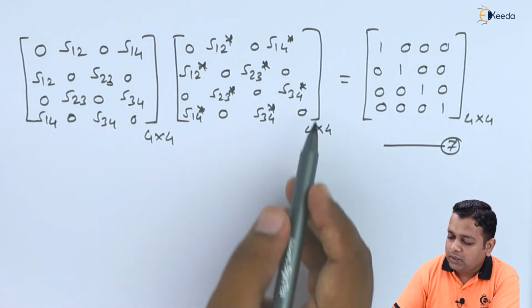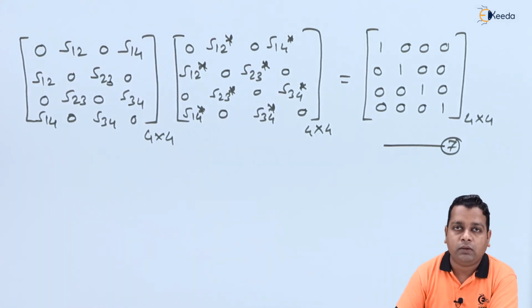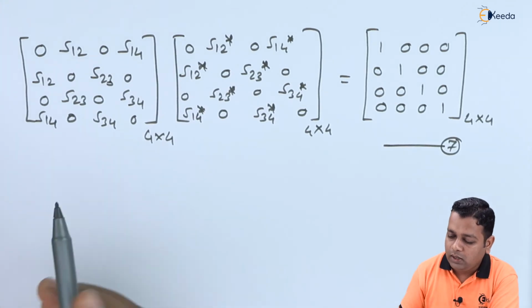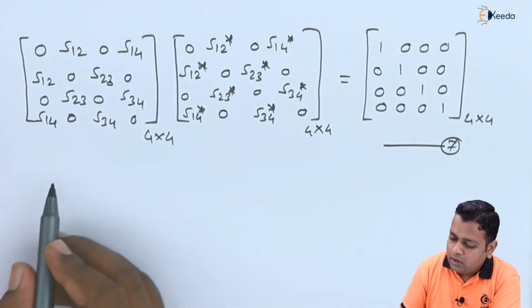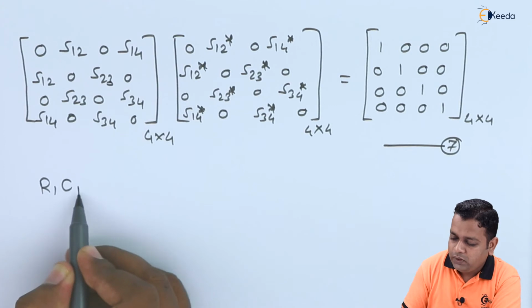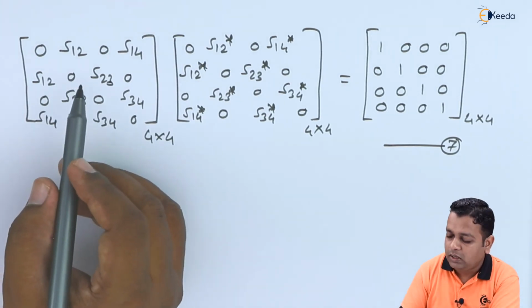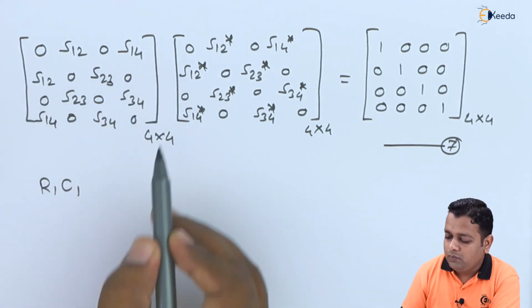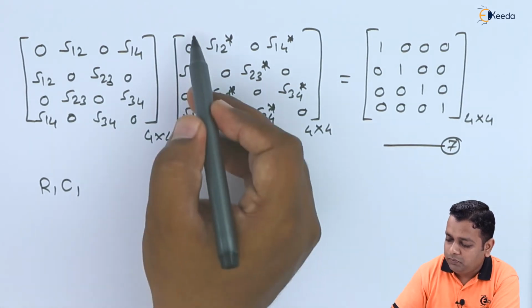Now for the matrix operation on the left hand side, basically the matrix multiplication, we can represent the operation as R1 C1. For the first matrix we take the first row, and for the second matrix we take the first column.